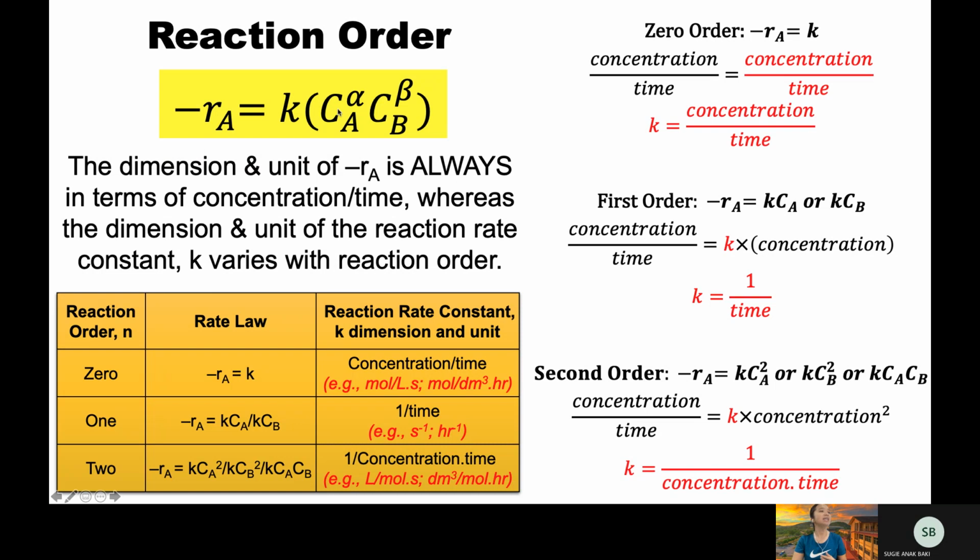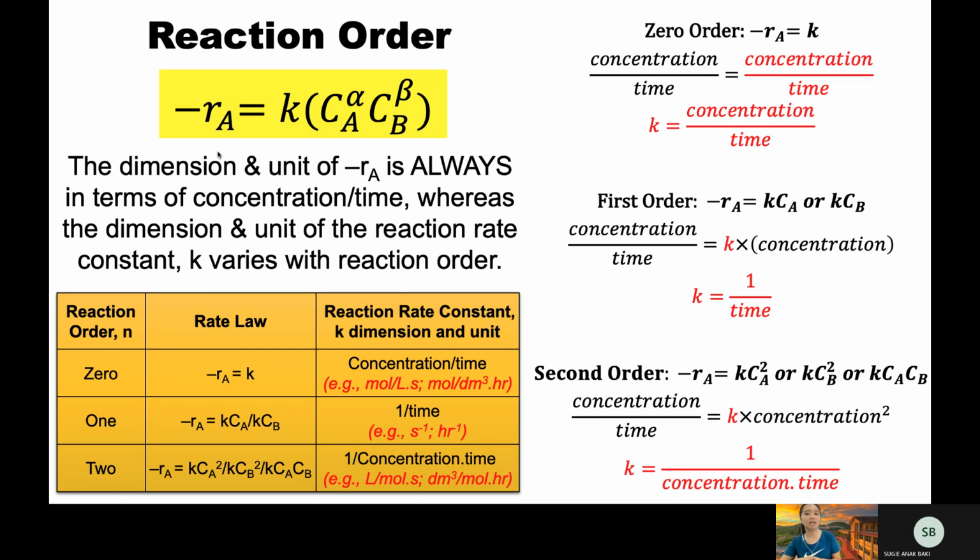When you see the rate law, on your left hand side is minus RA, and on your right hand side there is K, CA, CB, alpha, beta. I was saying that if we know the unit of K, we can deduce the rate law. Why? Because on your left hand side it is minus RA, which I told you is the rate of reaction.